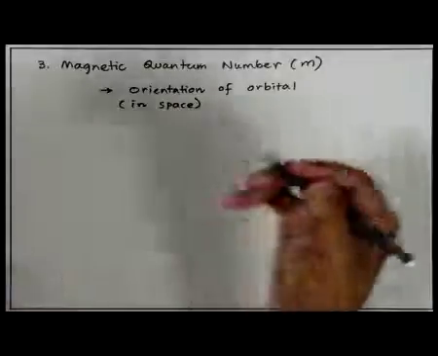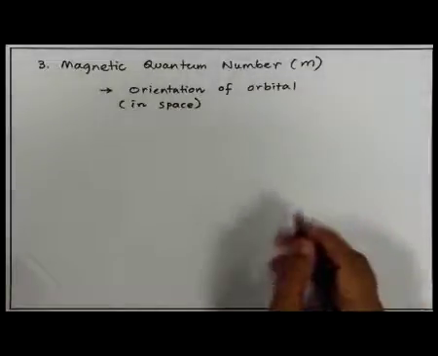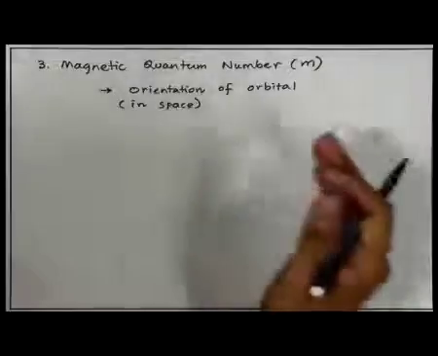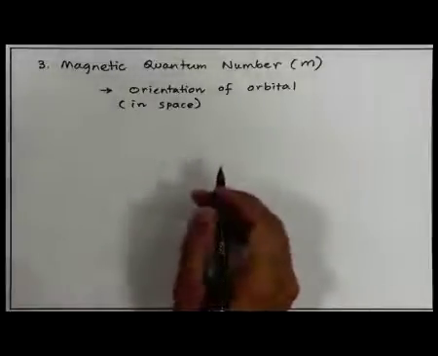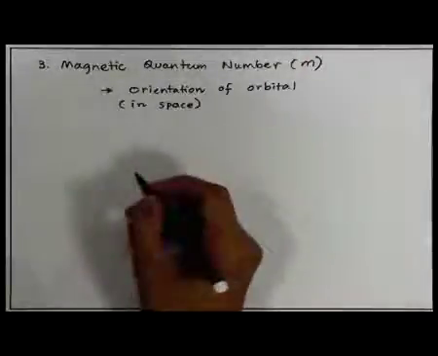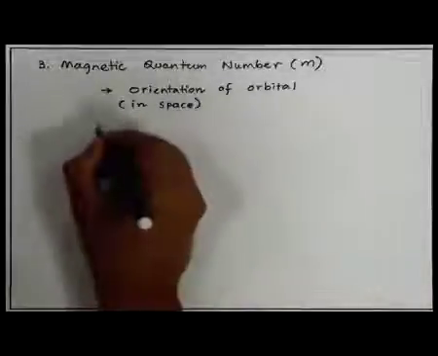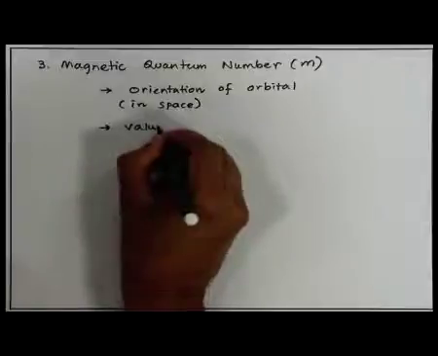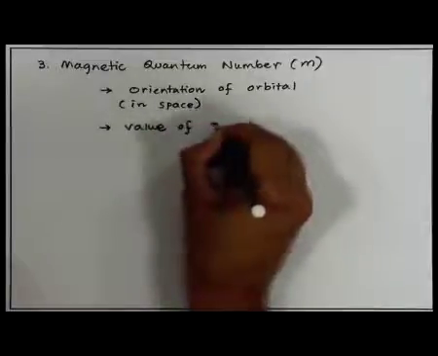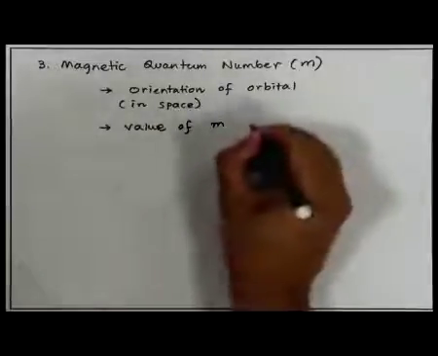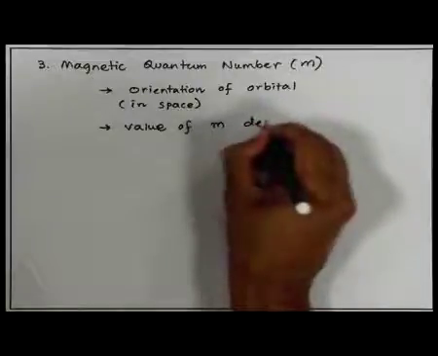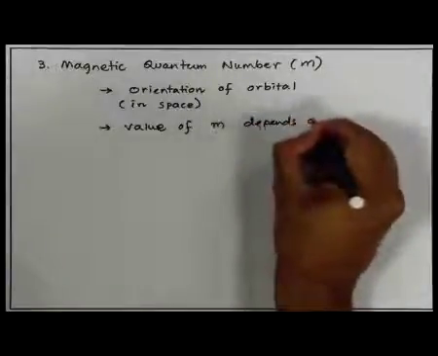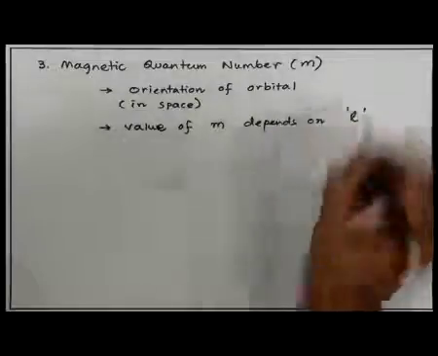We saw that the value of l, the azimuthal quantum number, was determined by the value of n, the principal quantum number, which was the leading quantum number. Now, the value of the magnetic quantum number m depends on the value of l.